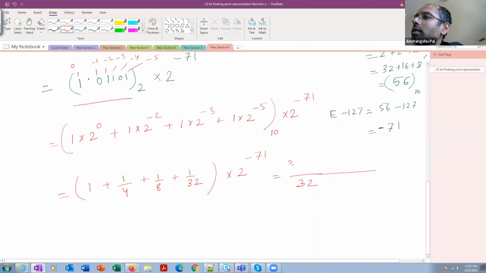So this place is going to be 32, plus 8, plus 4, plus 1, into 2 to the power minus 71. So 32 plus 8 is 40, 44, 45. So 45 by 32 into 2 to the power minus 71.